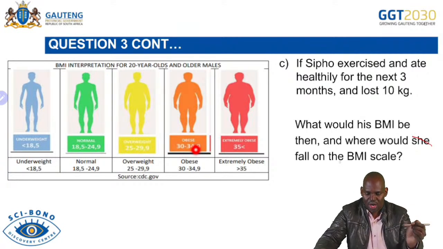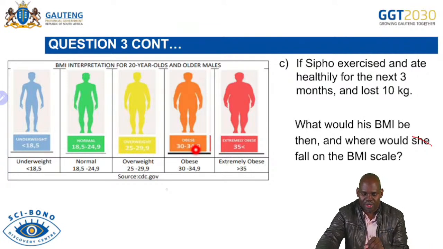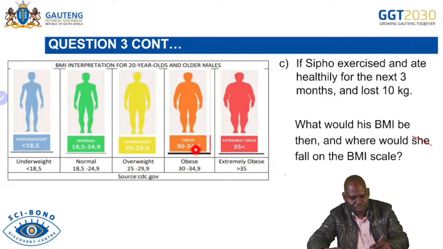SIPO ate healthily for the next 3 months and lost 10 kilograms. Now, how do we approach this one? They say the BMI, so it means now we need to calculate the new BMI.